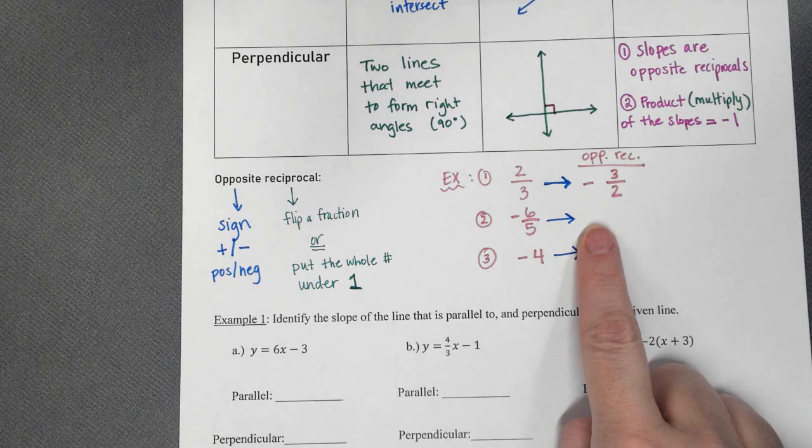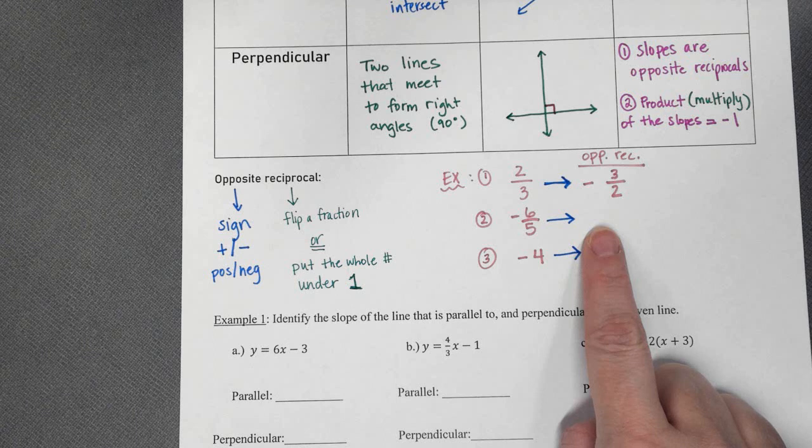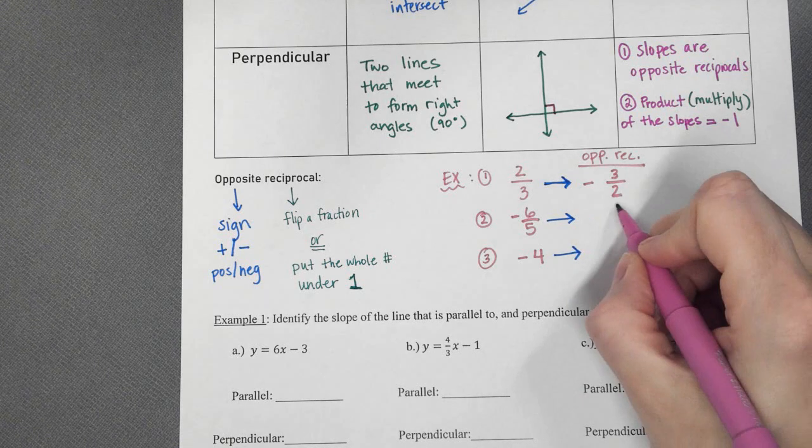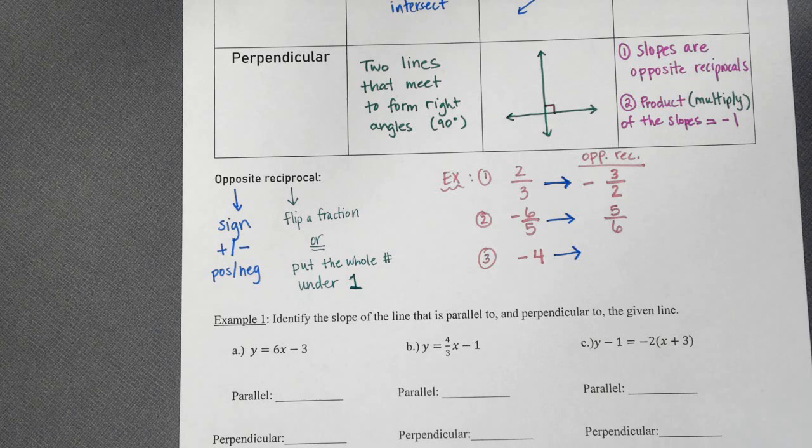Okay, so what was the sign for this one? Positive. Okay, and then what was the fraction? Yeah, so it's just 5 over 6. Give me a thumbs up if you got that without me.